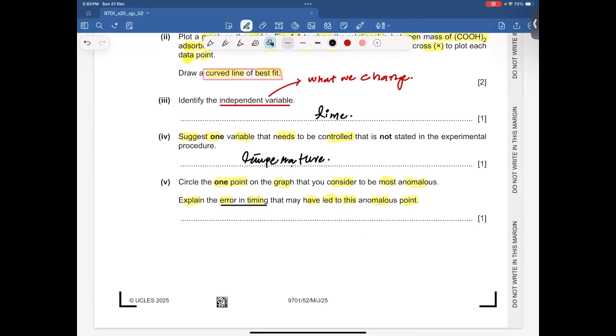So what we can write here is: actual time for removing sample was less than the recorded time in the graph.